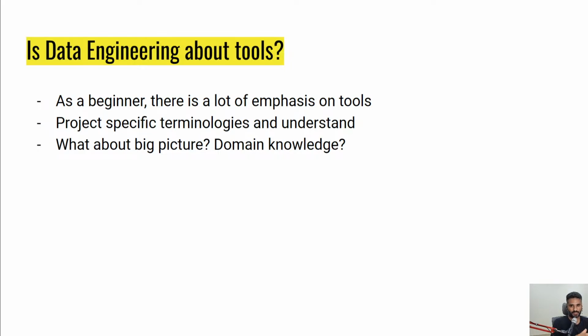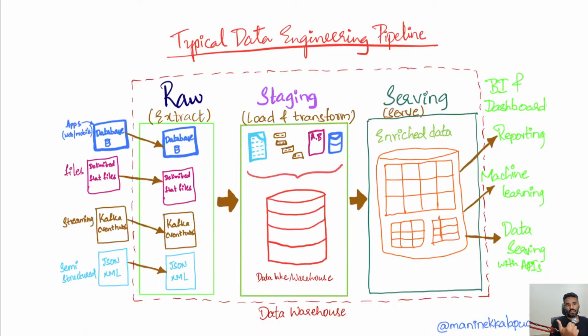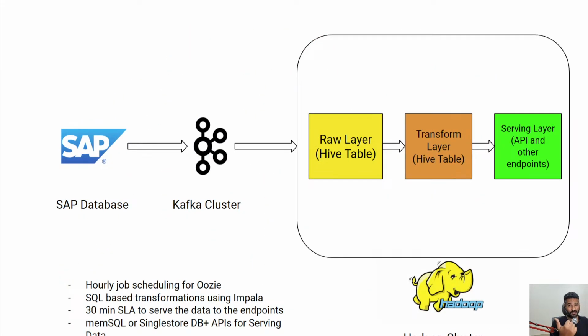All of these processes are very important for any data engineering team or project. So without getting caught up too much in company specific or organization specific terminologies, we have to look at our overall big picture. What is our role, how are we serving the data, and what is the right tool to get the job done.